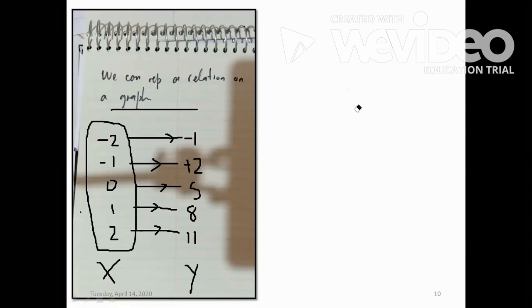All right, so to draw this graph, we'll have to set up a grid.